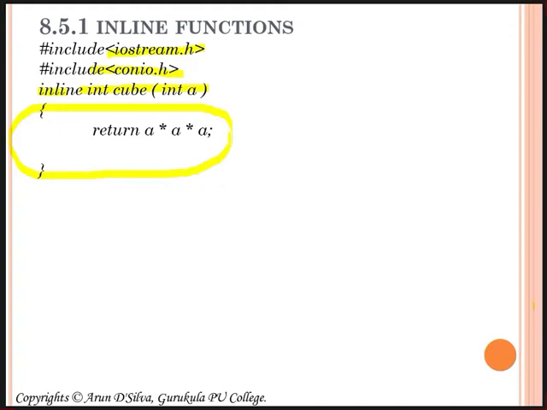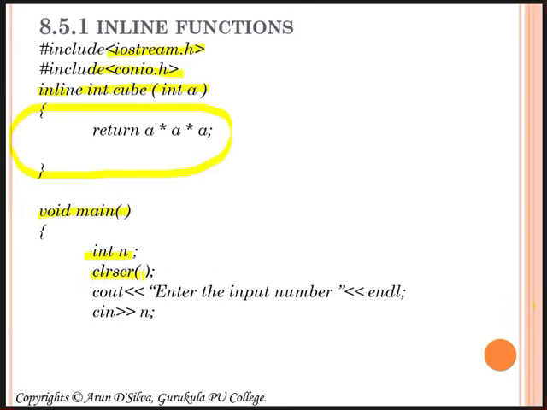Now the main program: I have created main with the void return type, and a variable of integer type n. I used clear screen to clear the console screen so that previous values vanish, and then I enter the value by reading from the keyboard, displaying 'enter the input number', and cin with n, where the value will be stored.